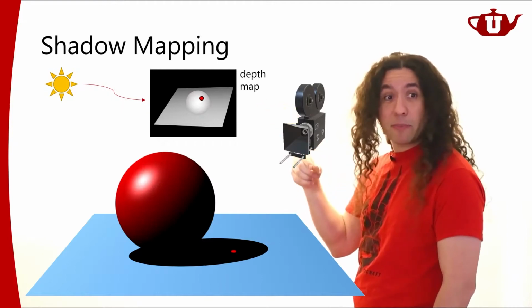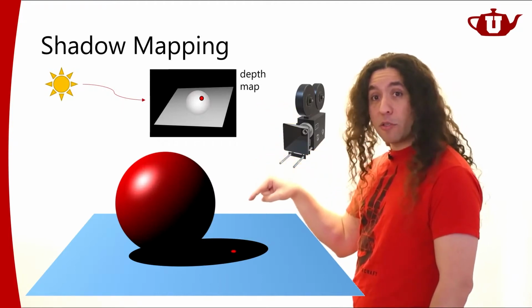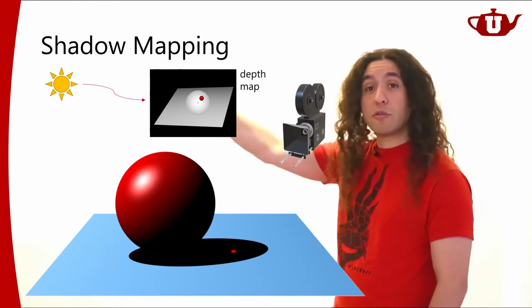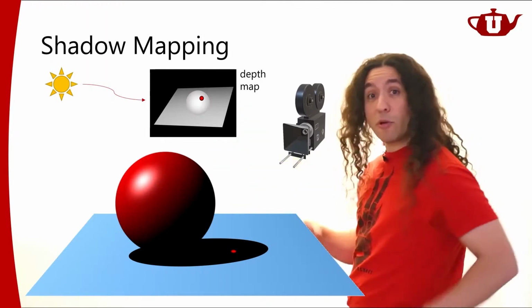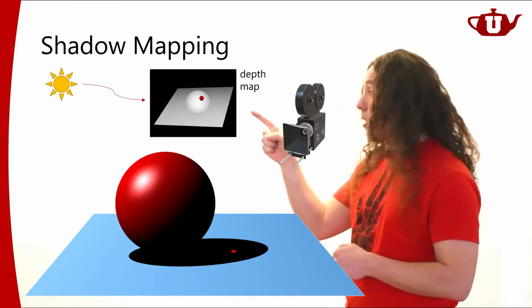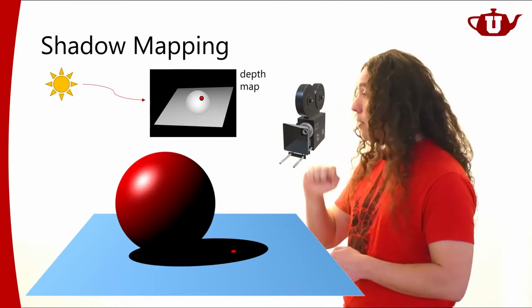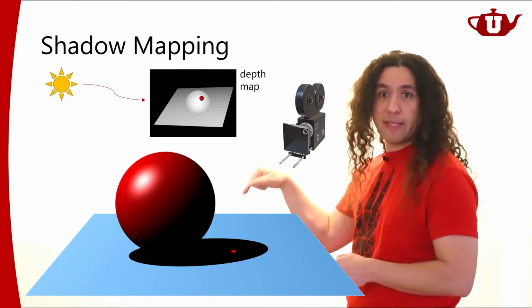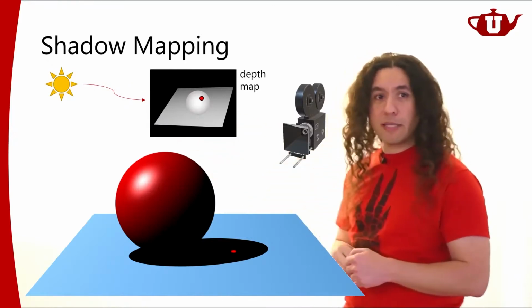That's what the depth map tells me. I'm also going to look at the distance from the point that I'm shading to the light source, and I'm going to compare the two. I have a depth value recorded in the depth map, and I have another depth value that I computed as the distance from the shaded point to the light source.